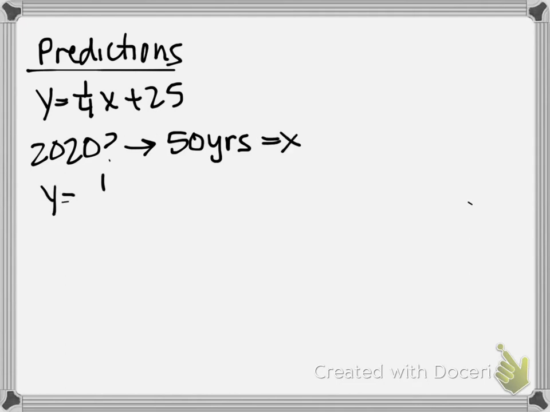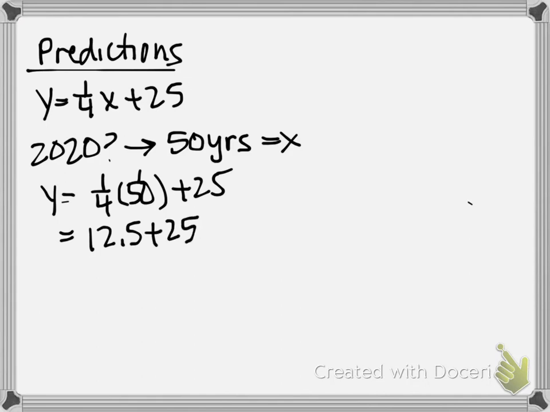So we get y equals 1/4 of 50 plus 25. This is going to go into 50, let's see, 12.5, and we're going to get 37.5 years. It would be the predicted median age.